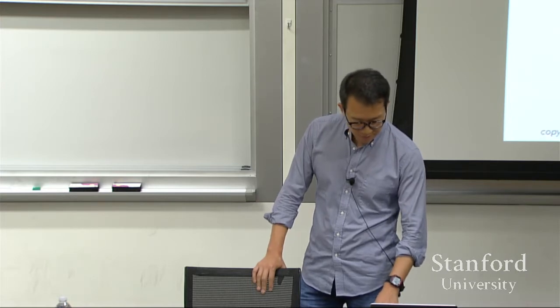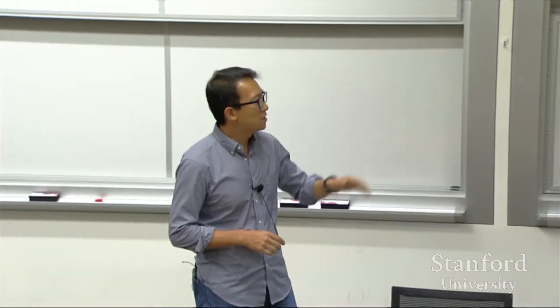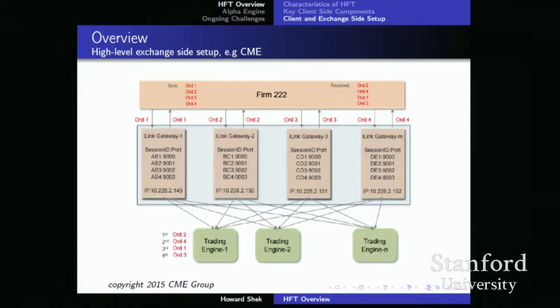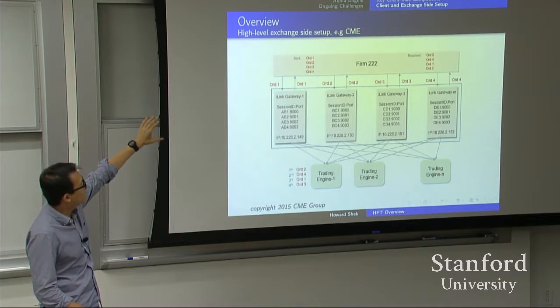All right. So we've talked about the different engines on the client side, on the strategy side. So what happens on the exchange side? Let's ignore the small annotations for now, and instead concentrate on the flow from the top, which is where the three engines we just talked about, the strategy engine, the book building engine, and the order management engine, reside in the first box.